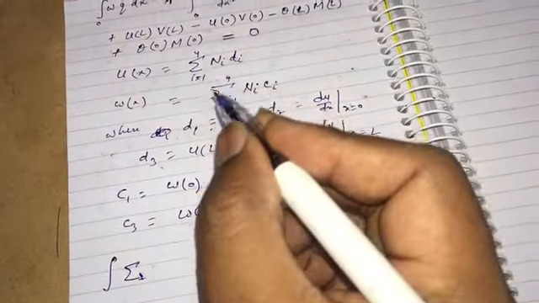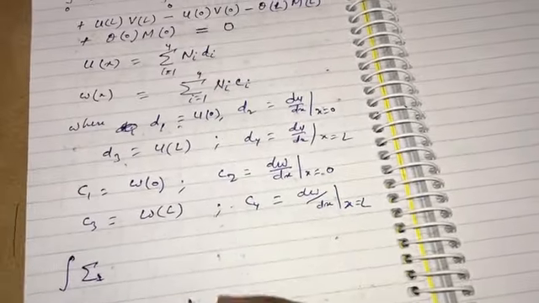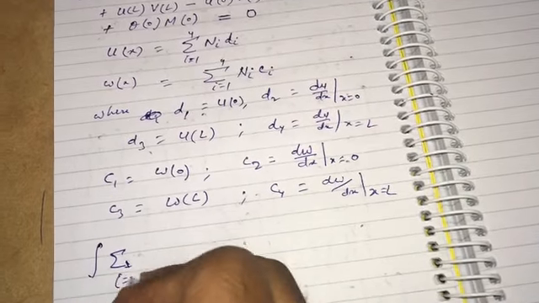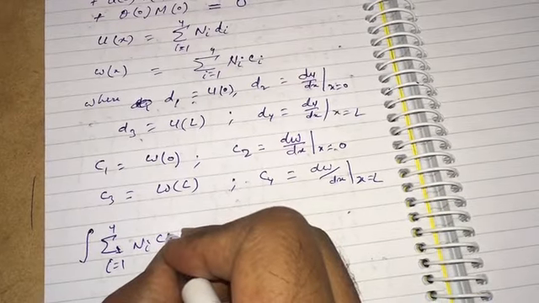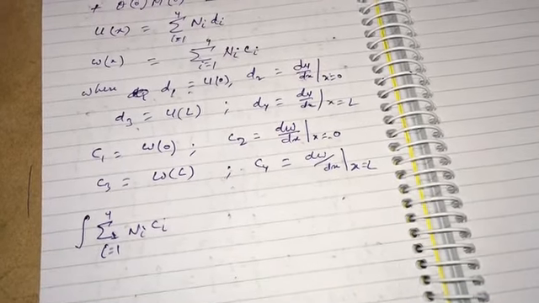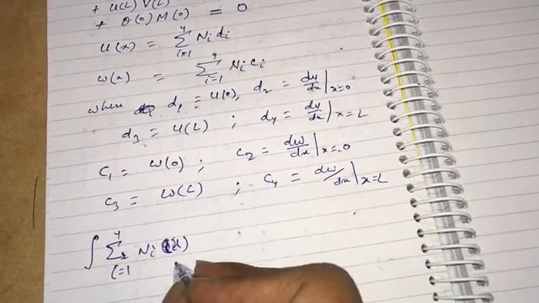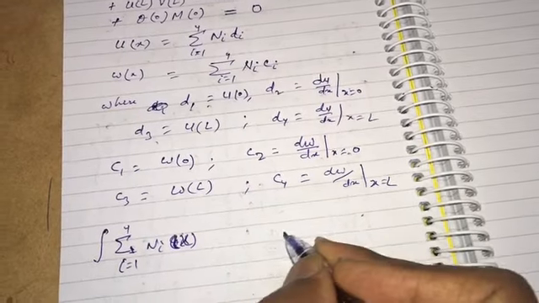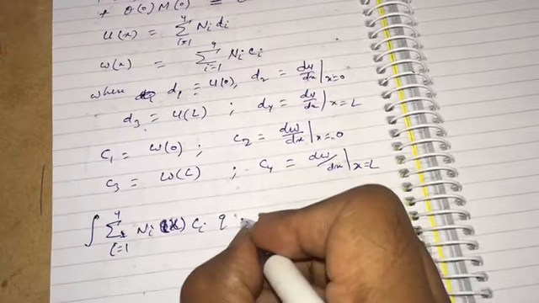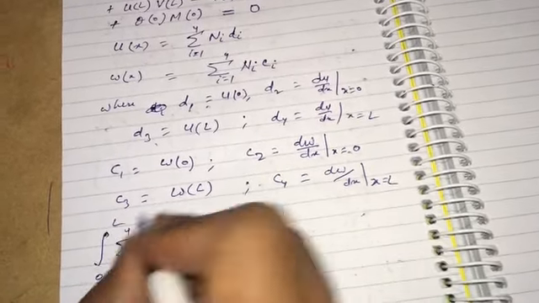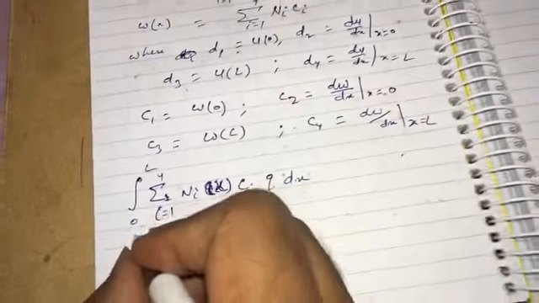We have w which is equal to this one, the sum from 1 to 4 of N i c i. Here I write N i of x just to note that this is a shape function which is a function of x. Then c i, then q dx from 0 to L. Then the second term is this one, so let's write that also here.